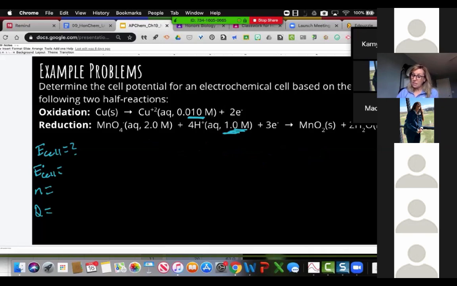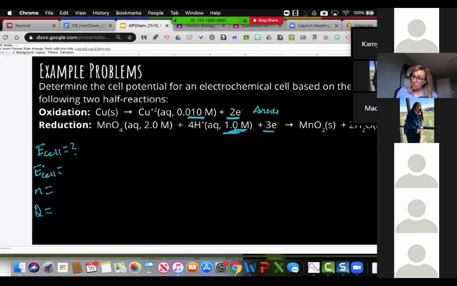They've given us the half reactions that are sort of balanced, but they haven't balanced out the electrons. If you notice, there's 2 electrons on this side, there's 3 electrons over here. Because the electrons are on the right, this is my anode.